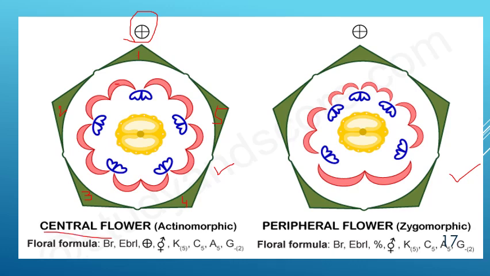After that, the next word is androecium. These blue shaded structures are referred to as androecium, and their number may be 5.